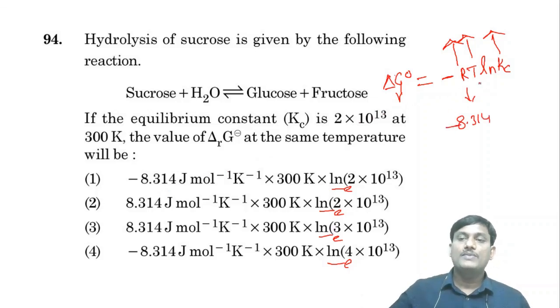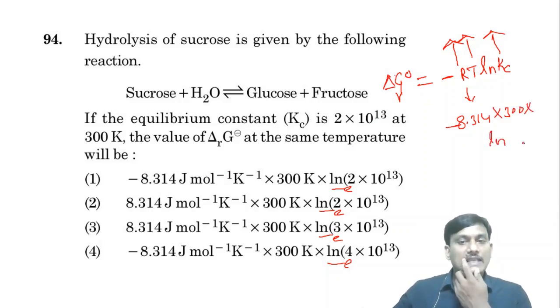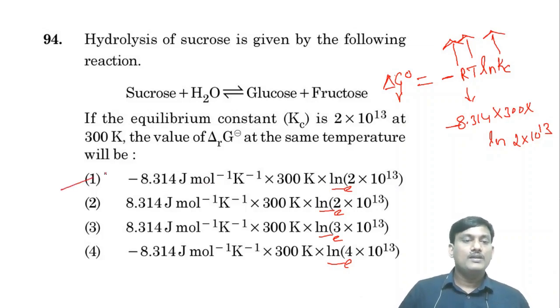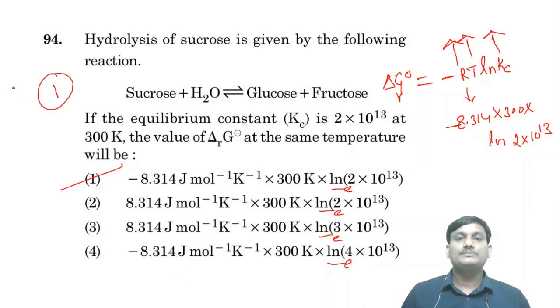This minus. And the temperature is 300 Kelvin. And for ln, the Kc value is 2 into 10 to the power of 13. So which one is the correct option? The correct option is this one, minus 8.314 joule mole inverse Kelvin inverse into 300 Kelvin ln 2 into 10 to the power of 13. So the correct option is the first one.